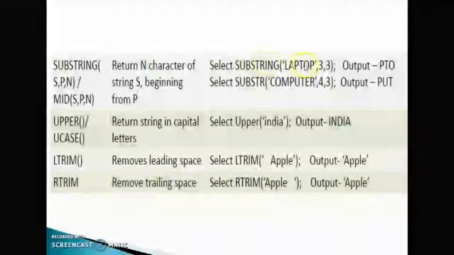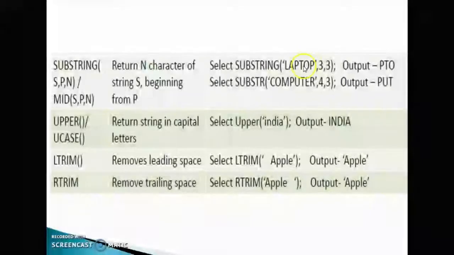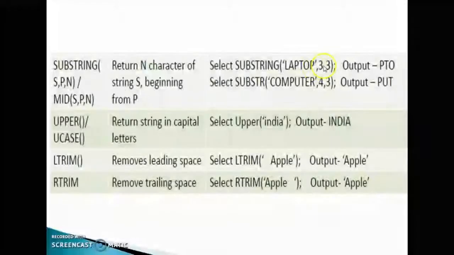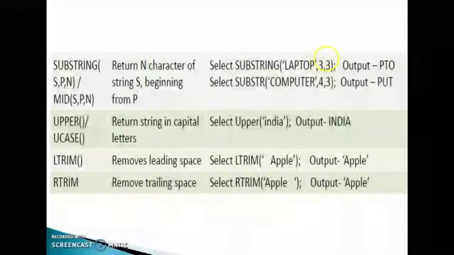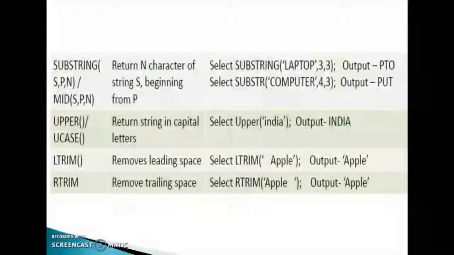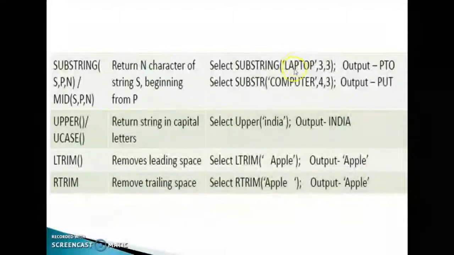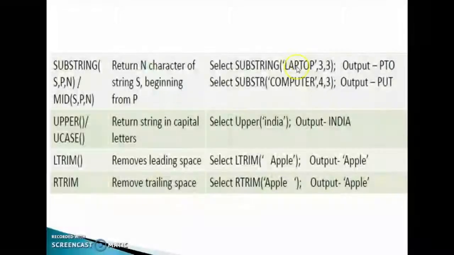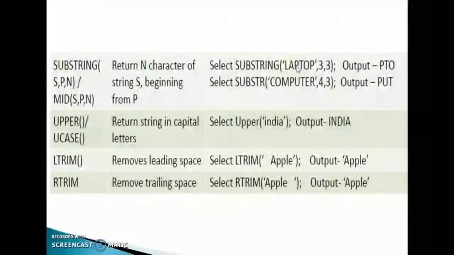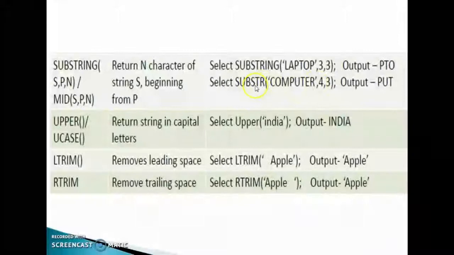Select substring laptop 3,3. Laptop is the string. The second argument P is the position. From the third position onwards it will take 3 values. From third position, that means 1, 2, 3. P is the third position value. From P onwards it will take 3 values: P, T, O. Clear?